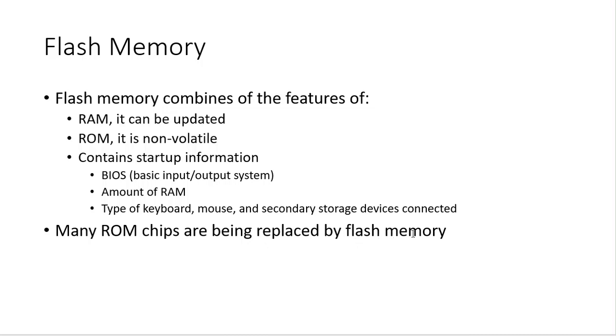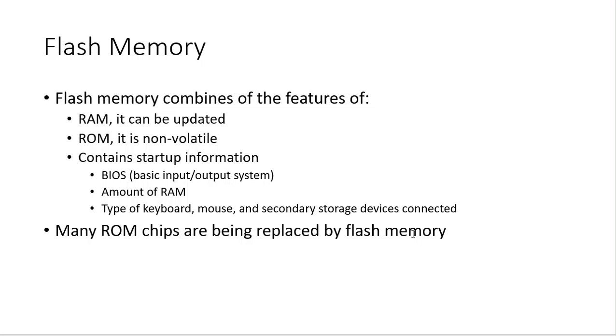So flash memory ni dia menggabungkan features of RAM, maknanya dia boleh di-update, boleh diubah. Kalau ROM, it is non-volatile. Konsep kalau ROM tadi, dia non-volatile tapi tidak boleh diubah sebab data dalam tu adalah data yang sudah pun diisi oleh manufacturer. Jadi dia menggabungkan konsep ROM, which is non-volatile tetapi boleh di-update.